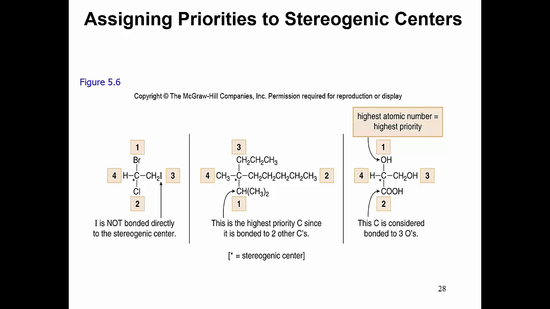Even though the isopropyl group has only 3 carbon atoms, it's got that branch, so the carbon attached to our stereogenic center, because it has 2 bonds to 2 carbons, is going to be priority 1. All the other carbons have just 1 other carbon attached to them, except for number 4, which is only hydrogens. Okay, let's look at the next example.